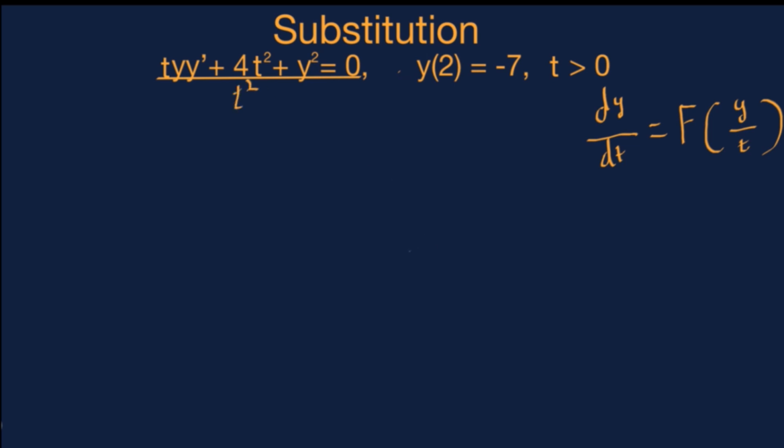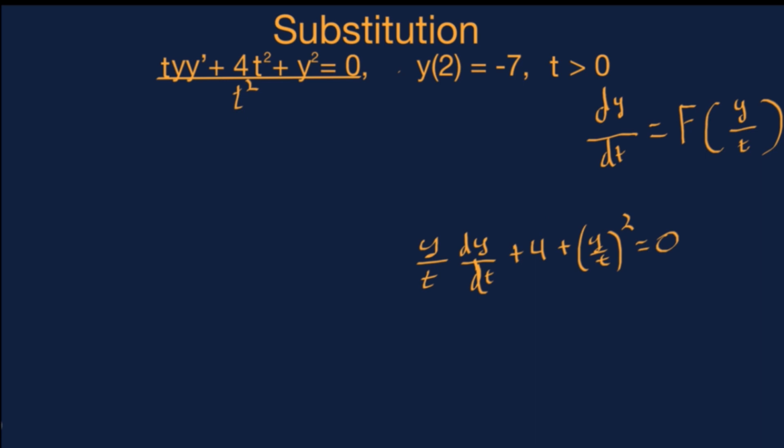And so when we do that, we get y over t times the derivative of y with respect to t, and we can use the Leibniz notation here, plus 4 plus y over t squared. And all of that will be equal to 0.